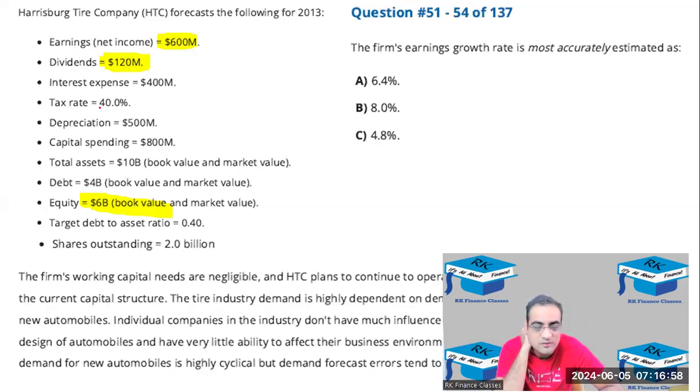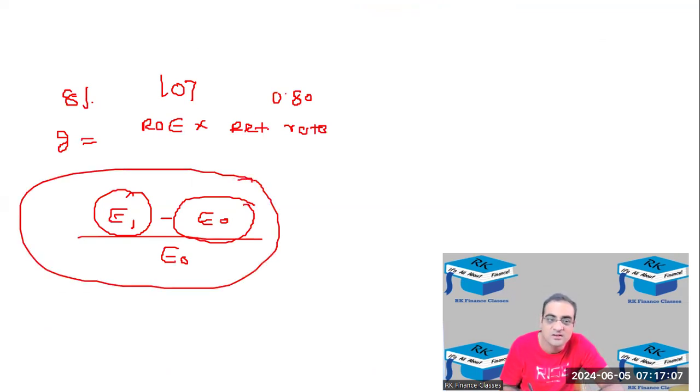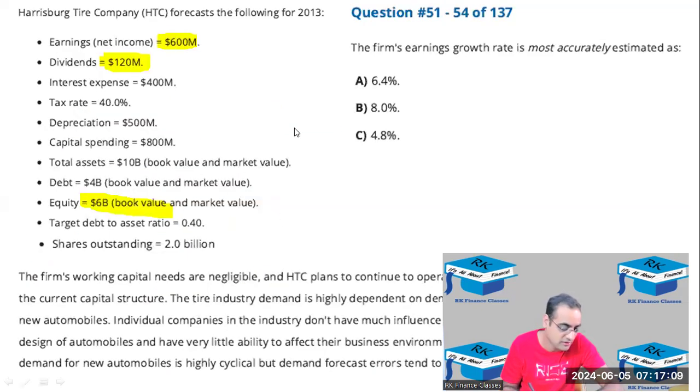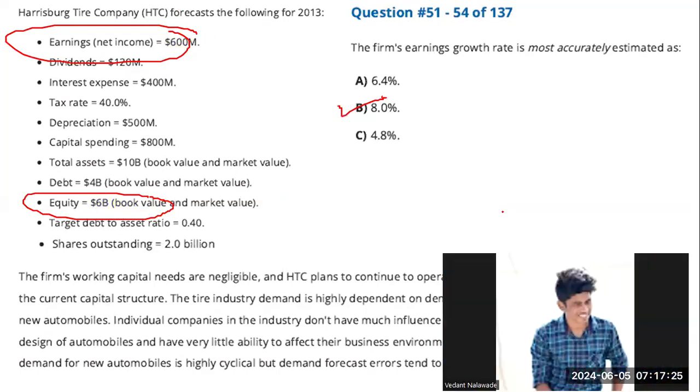We do not have direct information on next year's profit, so by this method you will not be able to get the growth rate. So ROE into retention rate: ROE is basically the earnings divided by the book value of equity, and the retention rate comes from the dividend and earnings. Clear, right, Vedant? Yes, I got it. Okay, perfect.